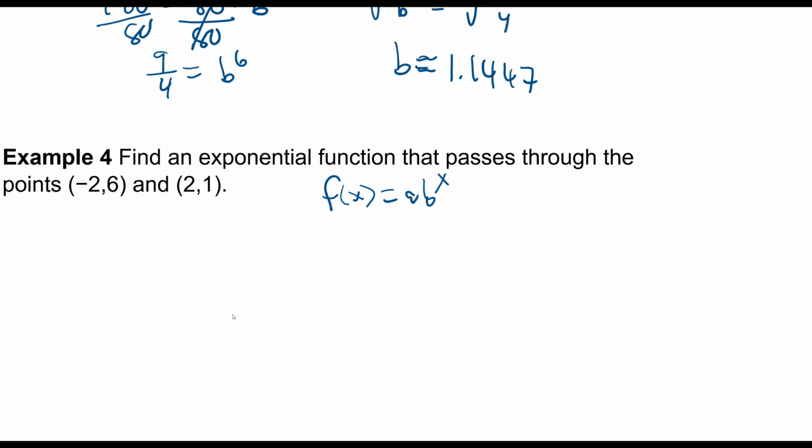In the first case, we have 6 equals a times b to the negative 2. And in the second case, 1 equals a times b to the 2.